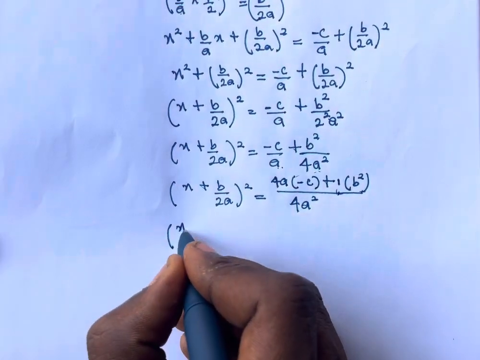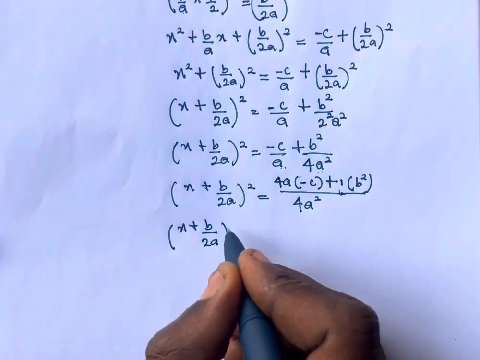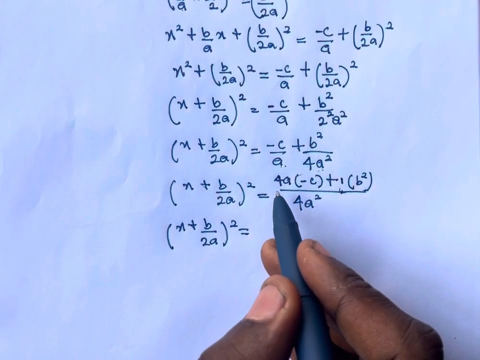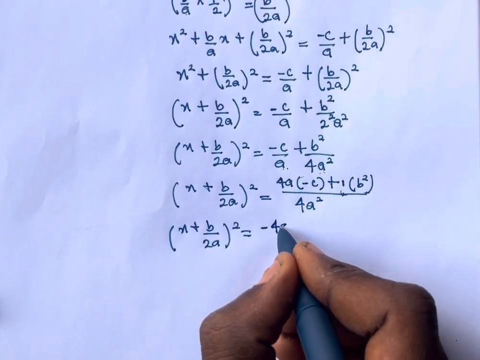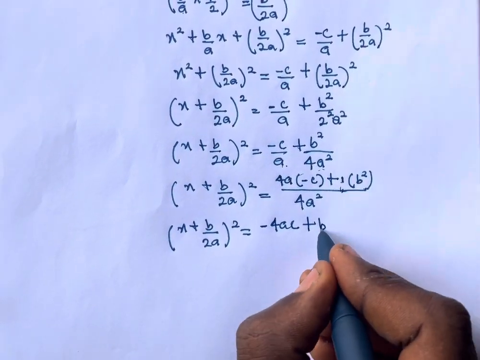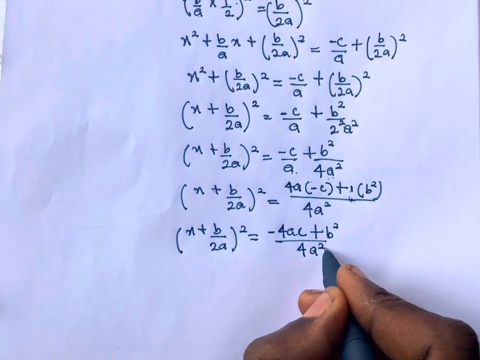Then we have x plus b over 2a squared is equal to 4a multiplied by minus c, we have minus 4ac, plus 1 times b squared, we have b squared divided by 4a squared.